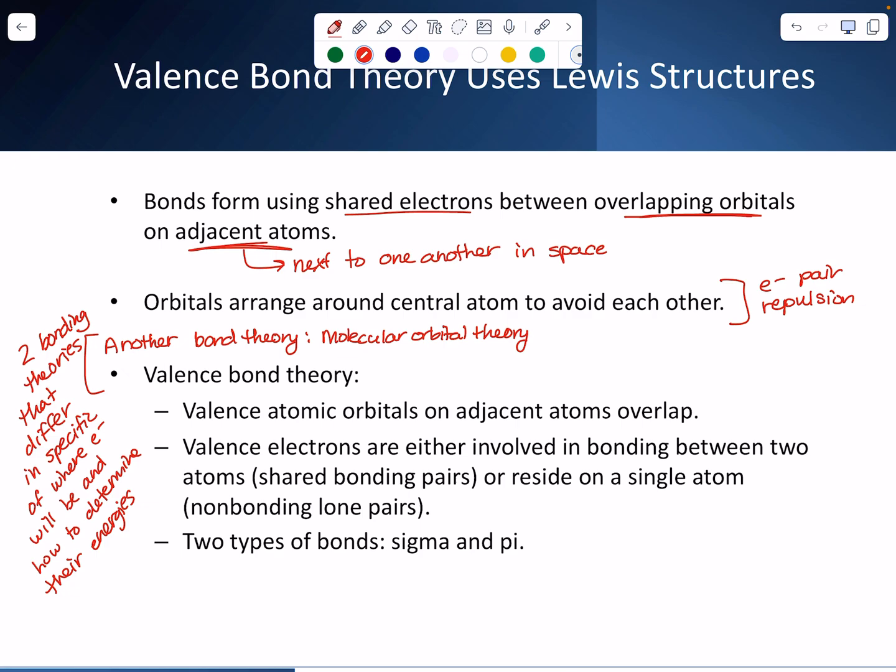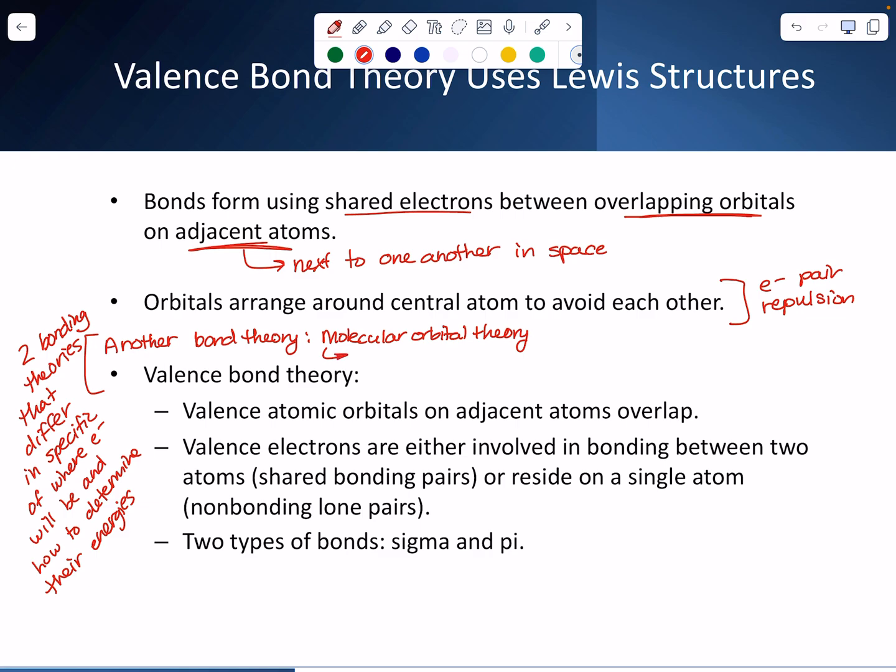All right, so when would you want to use molecular orbital theory? Valence bond theory works well for lots of things, particularly organic molecules, and that's why you can get through general and organic chemistry with only thinking about valence bond theory when you're trying to determine reactivity of carbon-based compounds.